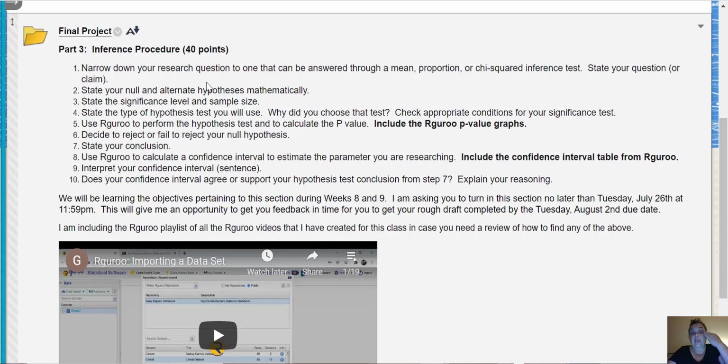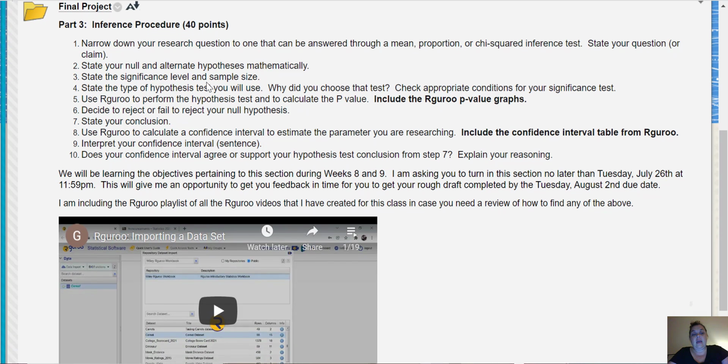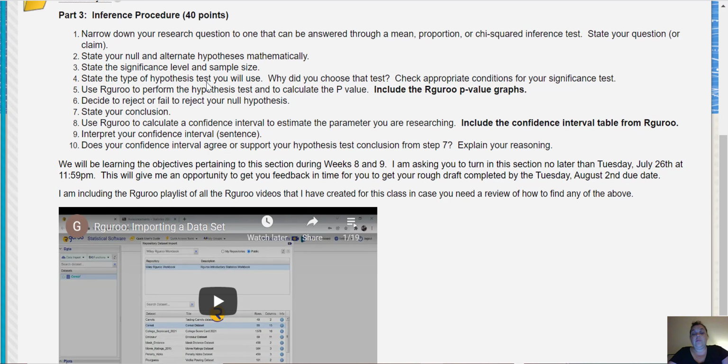Then state your null and alternative hypothesis, come up with your significance level, state the test you're going to use and why, use our guru to perform the test, save the graph and the little table from the test, include that with this project, decide whether to reject or fail to reject the null, state your conclusion, use our guru to calculate your confidence interval, interpret the interval in a sentence and explain whether it agrees or doesn't agree.